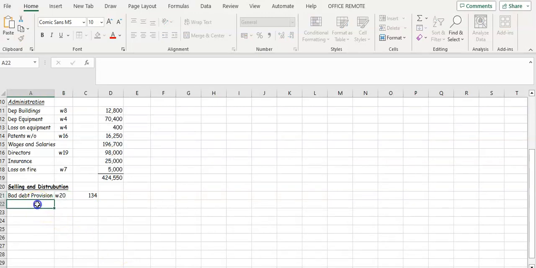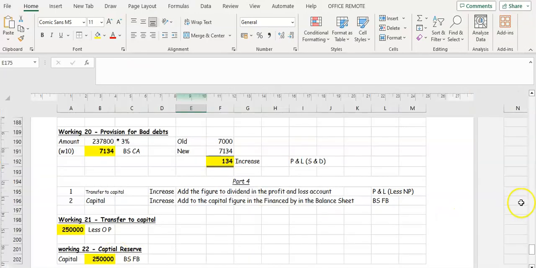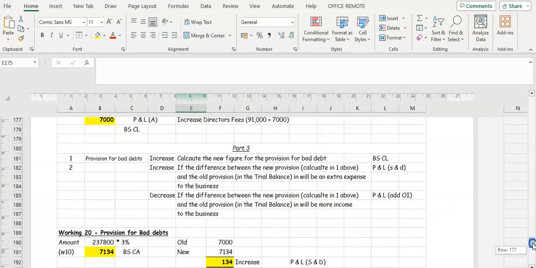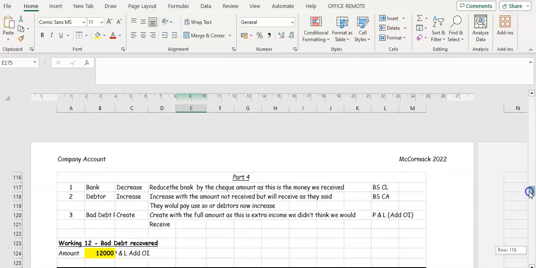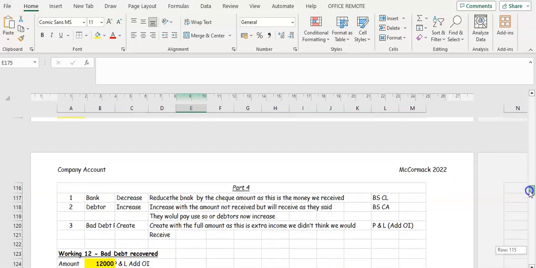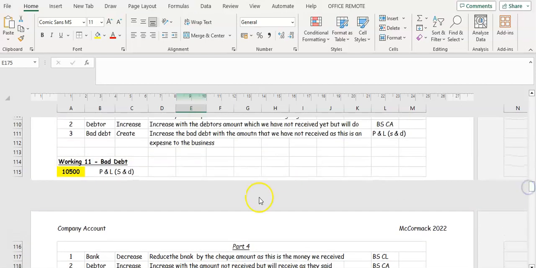And we also had bad debts as part of our bank statement. So bad debt 10,500, working 11.